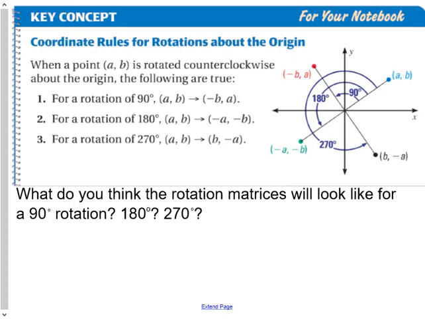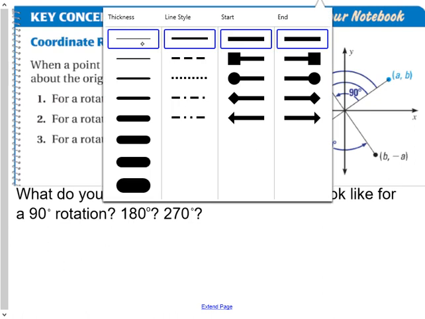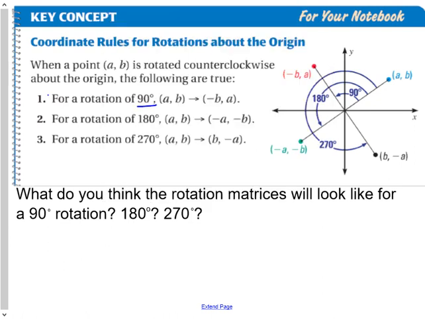So this is the same information we just did, but broken down piece by piece. A 90 degree rotation goes from (A, B) to (negative B, A). 180 degrees goes from (A, B) to (negative A, negative B). 270 degrees goes from (A, B) to (B, negative A). And just to get you thinking about it, what do you think the matrices for rotation would be for that?